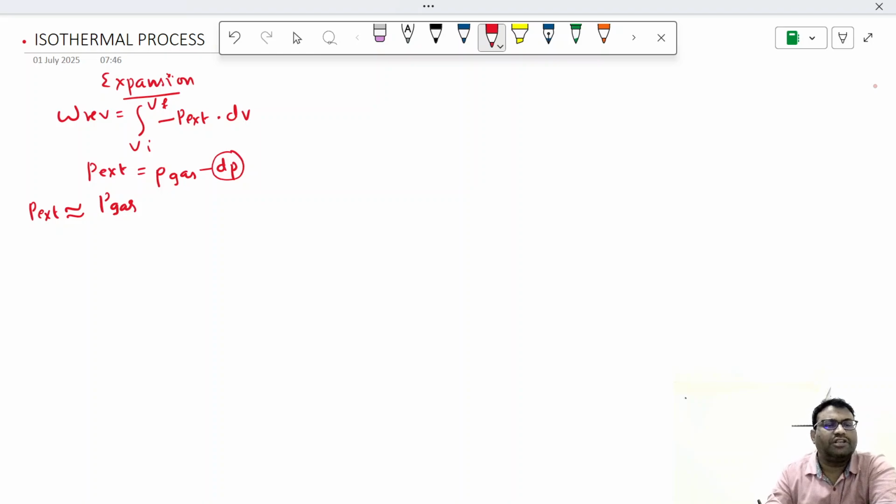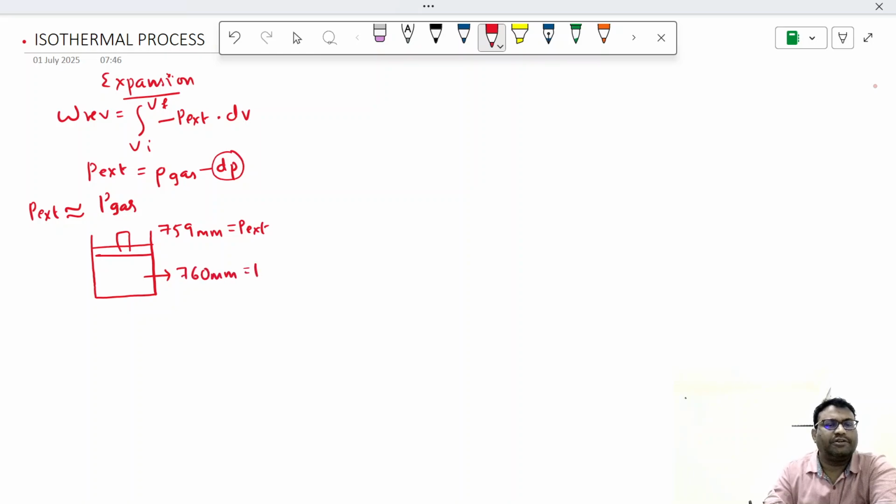For example, external pressure is something like 759 mm of Hg, and let us take this as 760 mm of Hg.